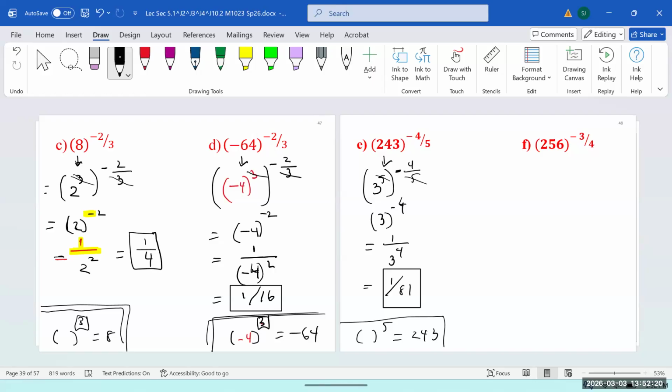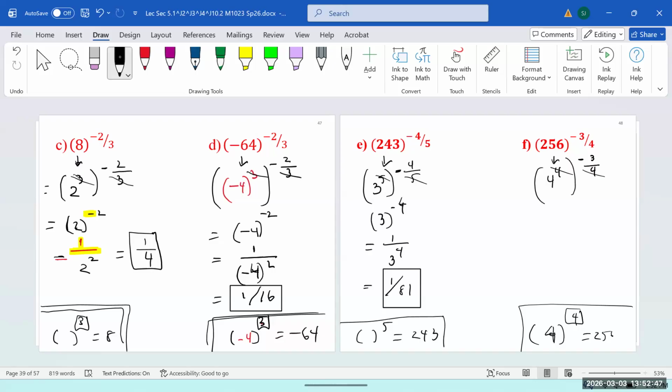So to find the base of 256, I have to do 4 to the power 4, which brings it to 256. And so now you can write it as 4 to the power 4, parentheses, -3/4. And so you can now cancel out the numerator.